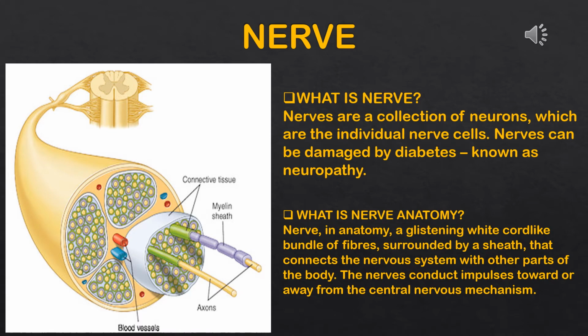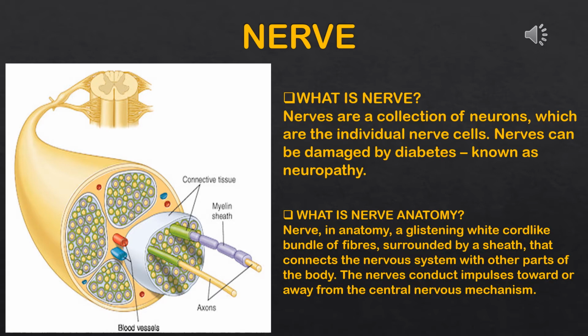Now the next diagram is the anatomy of a nerve. First question is, what is a nerve? Nerves are a collection of neurons, which are the individual nerve cells. Nerves can be damaged by diabetes, known as neuropathy.